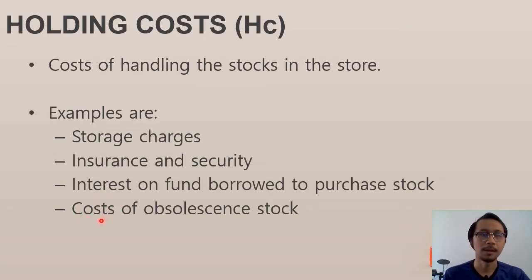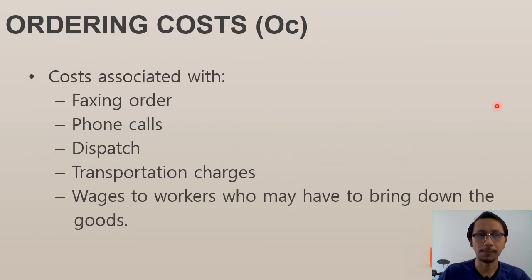In fact, there are plenty of examples of holding costs if you try to do any type of past exam questions. Now let's proceed to the definition of ordering costs. Ordering costs are all costs associated with faxing the order, phone calls, dispatch, transportation charges, as well as wages to workers who may have to bring down the goods.